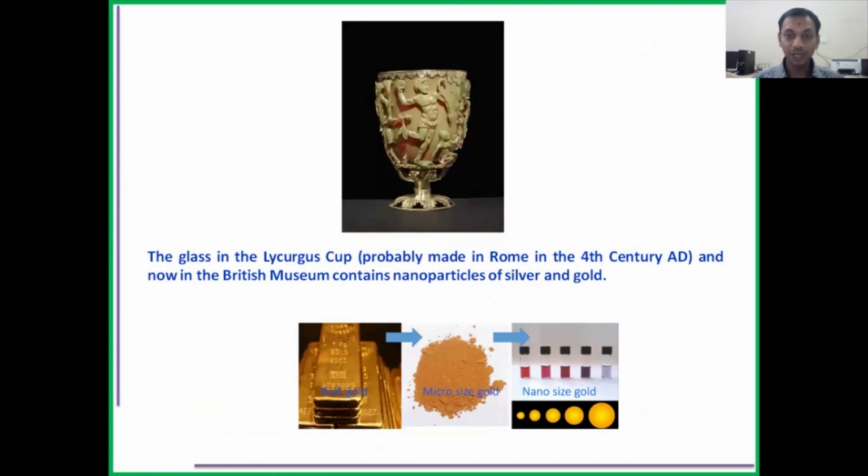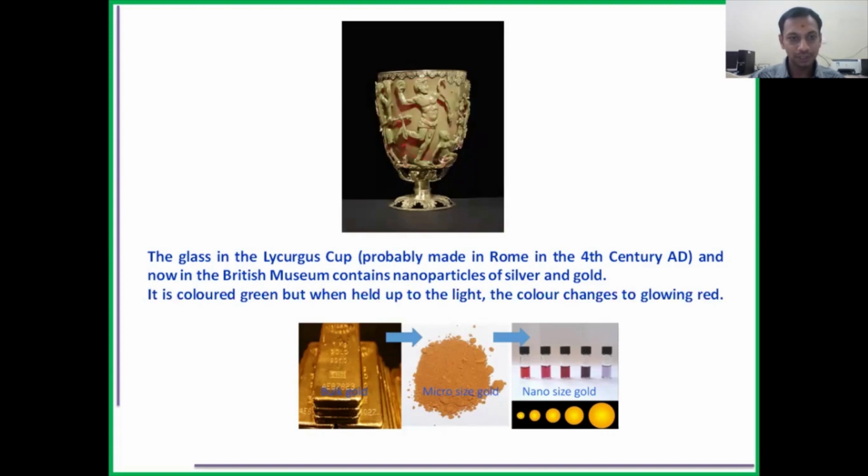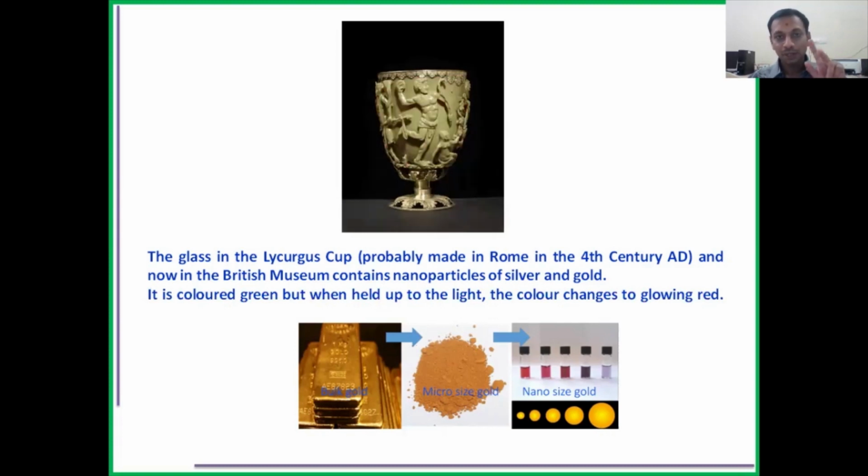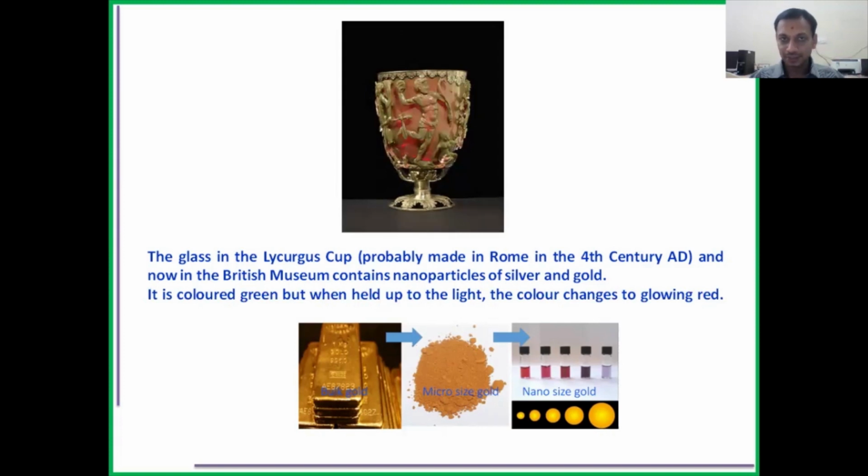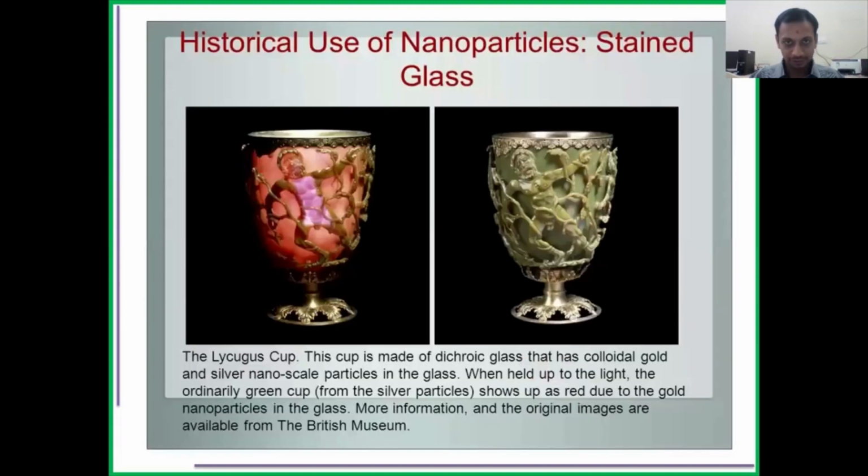It's a very old glass, the Lycurgus cup. Now you see what's happening actually. You can see here, it is colored green. But when held up to the light, the color changes to glowing red. You can see on the screen how it's changing its color when you put it under the light. By this way, nanoparticle effects you can visualize.